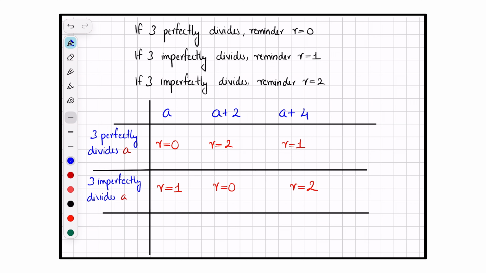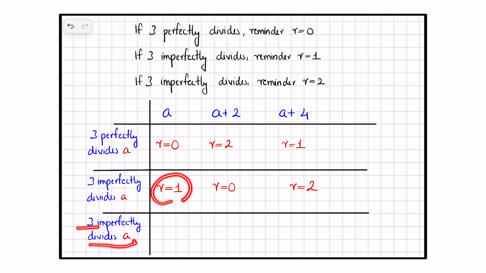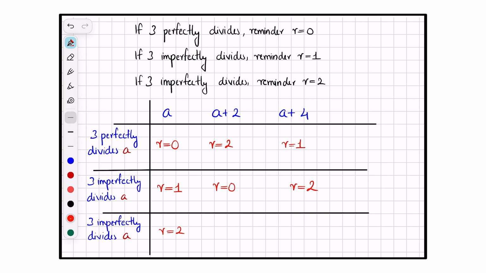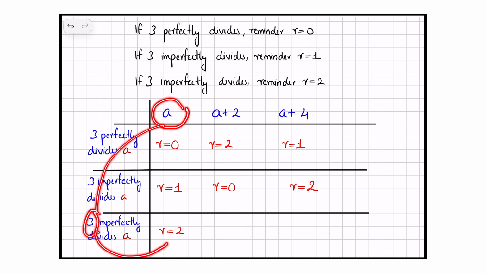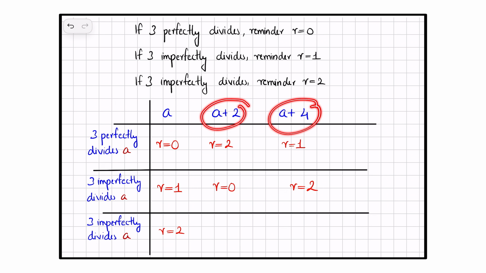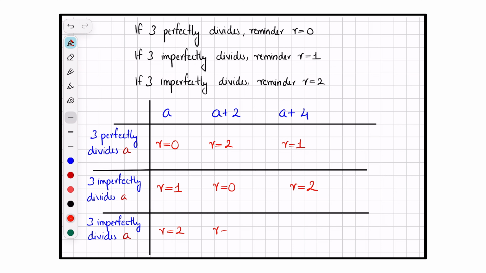Now the last case, again 3 imperfectly divides a, and we already checked one possibility of remainder. Now we will check the second possibility, that is r equal to 2. When we divide the number a by 3, we get the remainder 2. Then what will be the remainder when we divide a plus 2 and a plus 4 by 3? We will get r equal to 1 and r equal to 0.